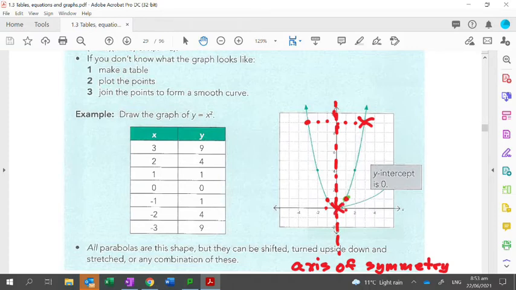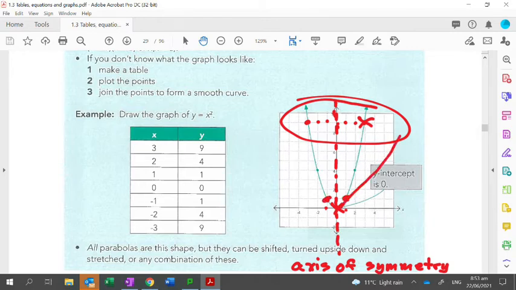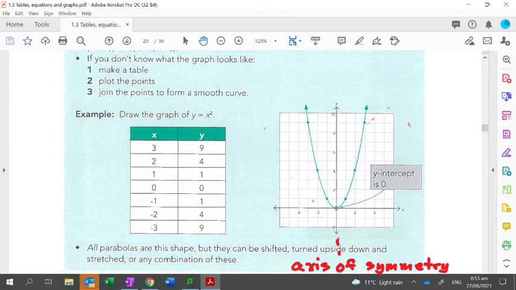Right? And we typically like to pick points that are going to give you high points, because that helps you determine the spread. If you only have this point down here, then we're not sure if this thing opens really wide or if it opens very narrow. There are clues, and you'll see those later, but it's hard to tell. But if you know the point up here, you know exactly how wide it's opening.